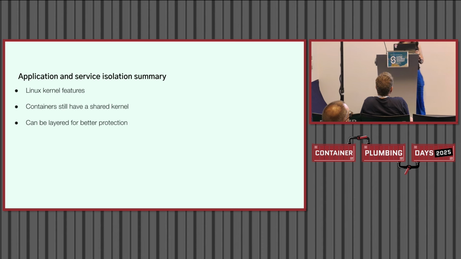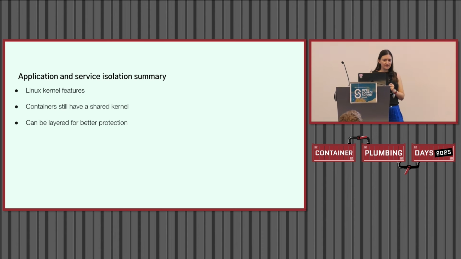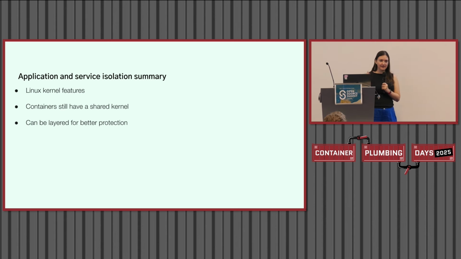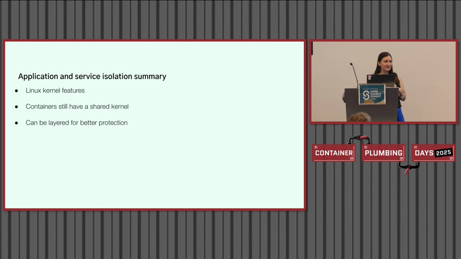Because all of these technologies operate at the Linux kernel level, they're all features of the Linux kernel that have been created to make containers work and be better. Some of those CVEs that we looked at before can actually still affect these different technologies, right? Because they're in the kernel, a flaw in the Linux kernel can lead to a flaw in some of these systems. And there still is this shared kernel underlying the whole thing.